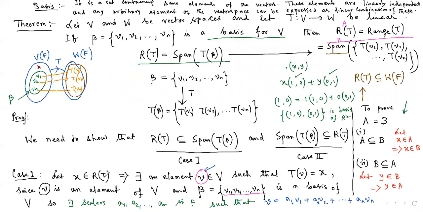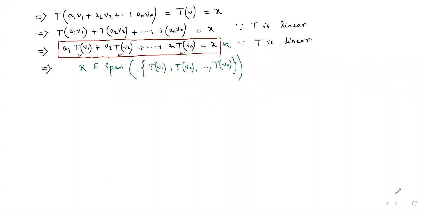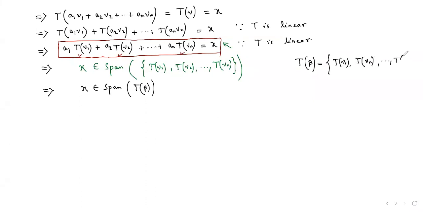Okay. So we started with X, which was in RT, and we have seen that X is belonging to this particular set, which is nothing but span of T beta, because this set T beta is actually the set Tv1, Tv2, ..., Tvn.